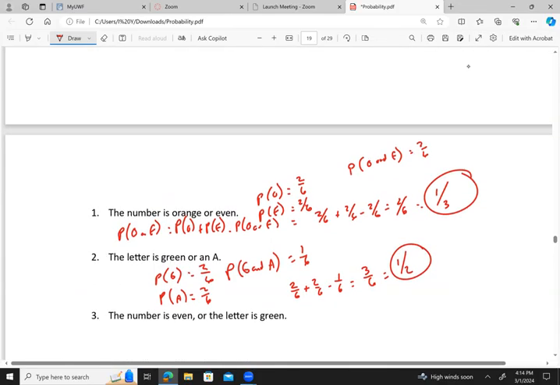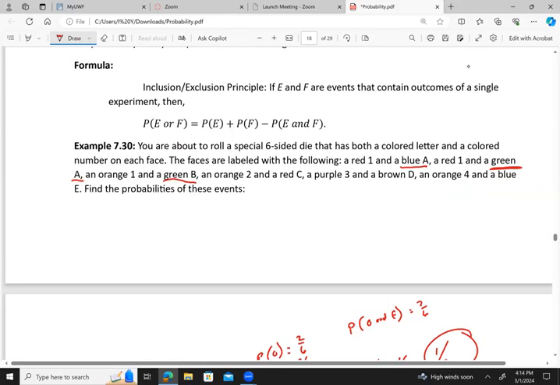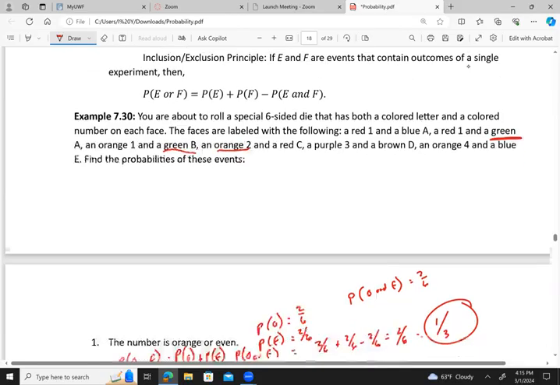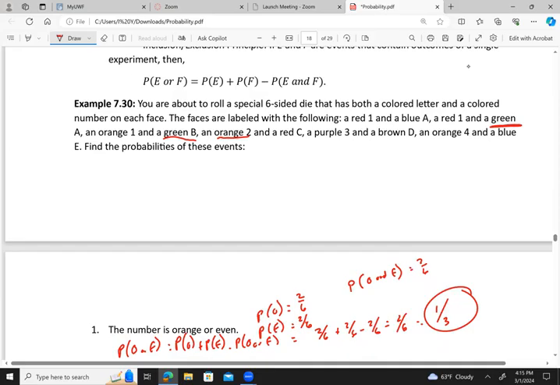Okay, the number is even or the letter is green. So we have 2 greens. And we're looking for an even number. Here's an even number, and there's one even number. Nope, 2 even numbers. However, this is not green, and this does not have green.